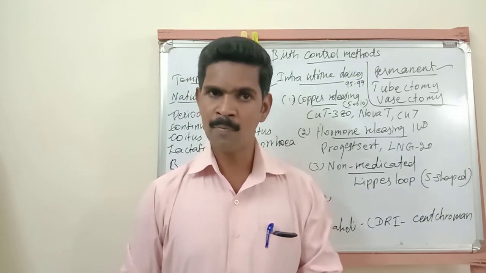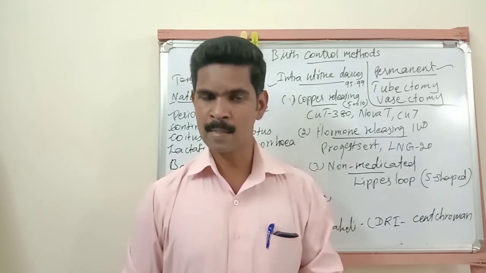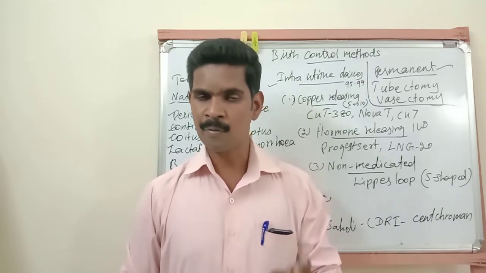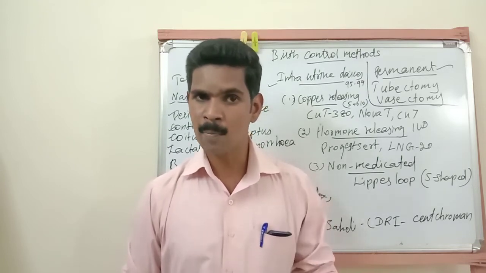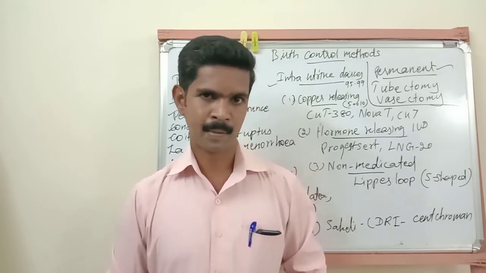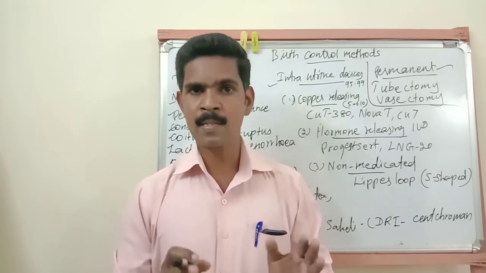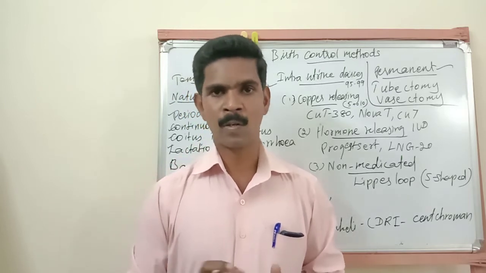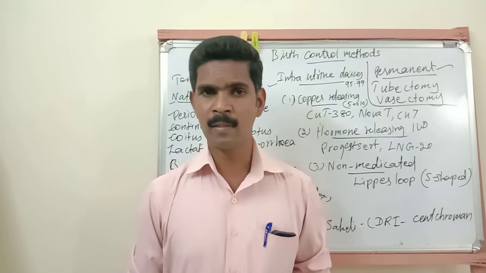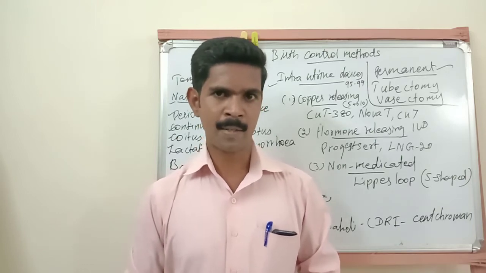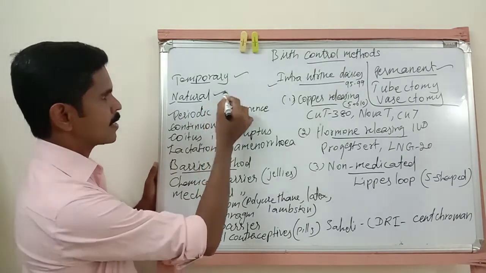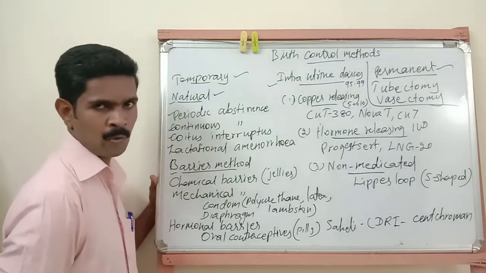When it is increased, automatically the gonadotrophin releasing hormone, FSH and LH levels are suppressed or reduced. So this is also one of the birth control methods. If the menstrual cycle does not take place, the fertilization process is impossible. Now we have completed all 4 types of natural methods of birth control.